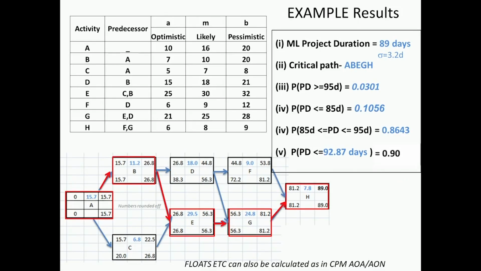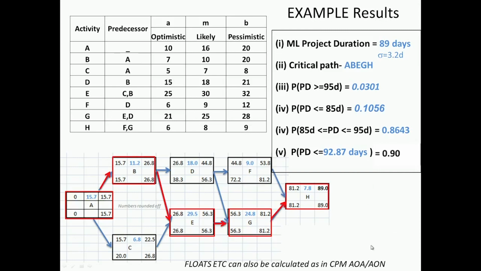So, if we look at a summary of the results from the examples, you can see that we took the basic information and added the expected value, the mean, the standard deviation, the variance. We used the expected value to calculate the expected project duration. That became the mean for our normal distribution.